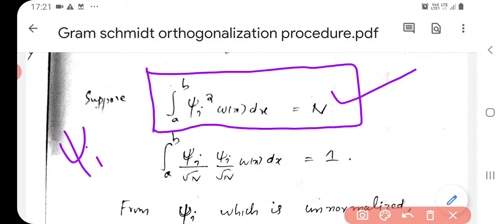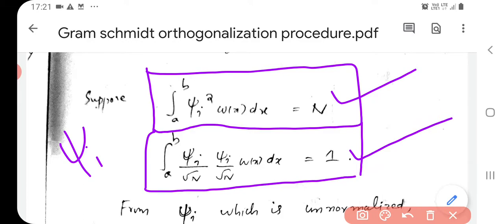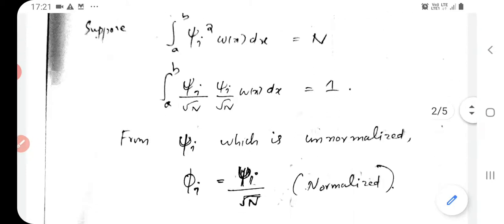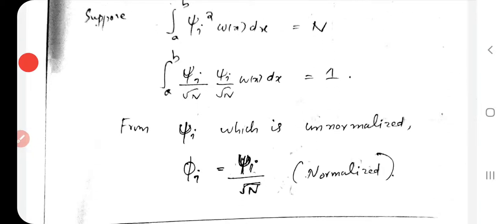But if you write this n as root 10 into root 10, you have the integral from a to b of psi i by root 10 into psi i by root 10, w of x dx, equal to 1. So that means this is normalized. So phi i is equal to psi i by root 10.